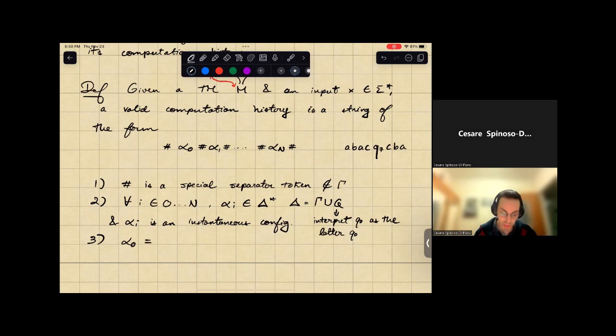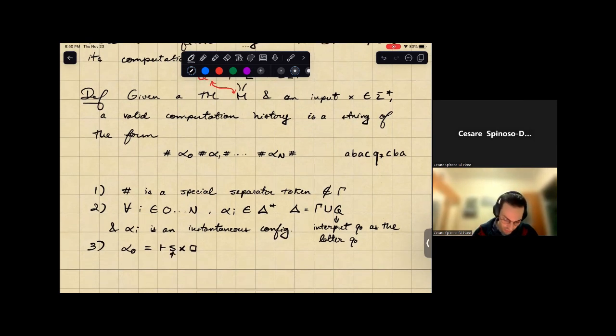So it must look like the dash, the start state S, the input string X, and the blank. This is the start state of M. But remember, what we're doing here is interpreting states as symbols, as letters. So that's the restriction on alpha naught.